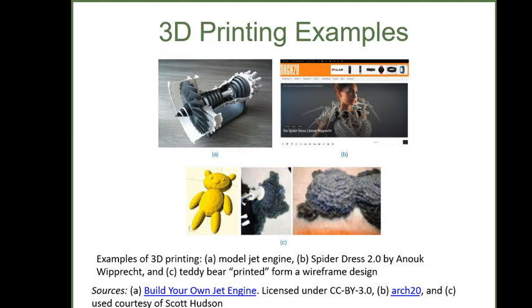Here are the examples of prototype. The illustration that you see at illustration A is a model jet engine. Minsan, meron tayong mga materials or bagay na gusto nating maipakita yung pinaka-itsura. One of the key things to be able to show the prototype of your model is 3D printing.